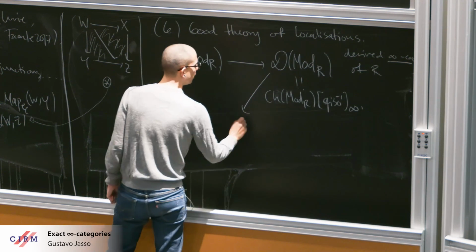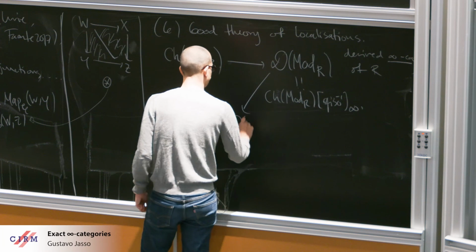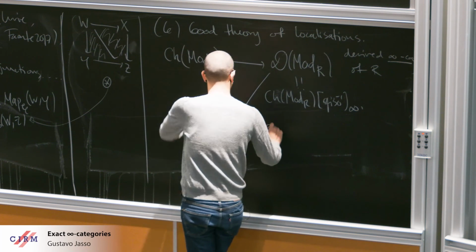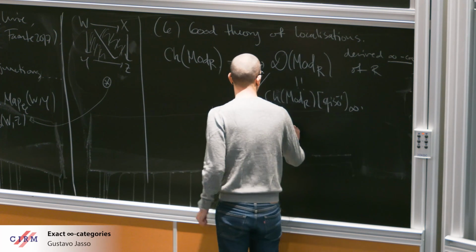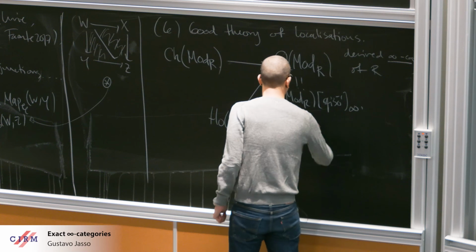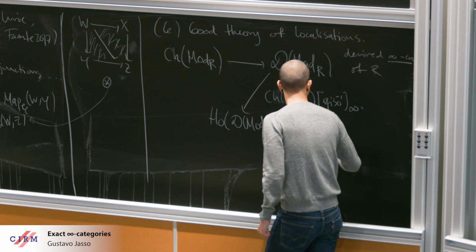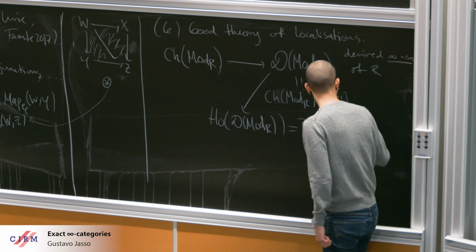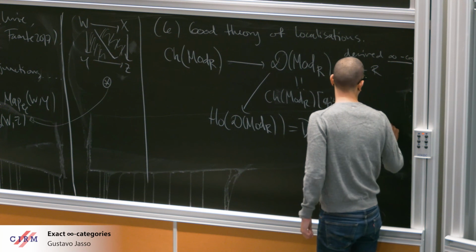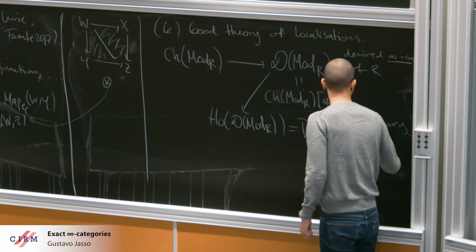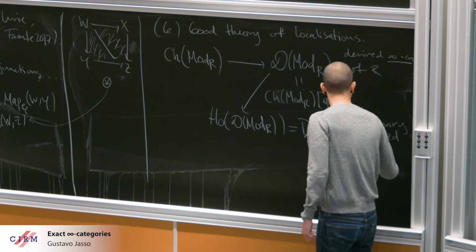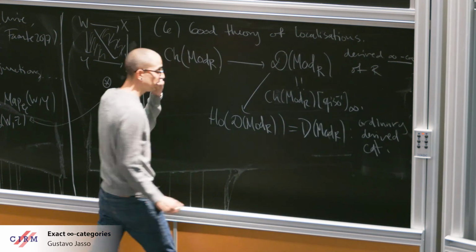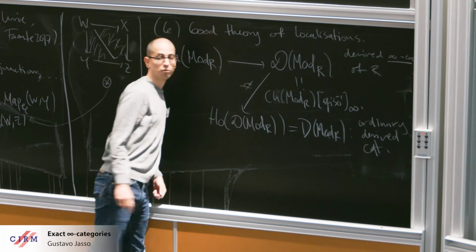Now, by passing to its homotopy category, we obtain the ordinary derived category, the one-categorical derived category, but crucially, unless the ring is zero, this map is not an equivalence. Yeah?